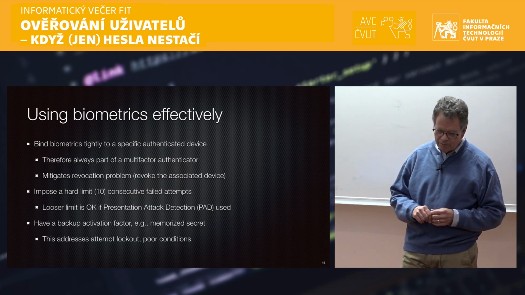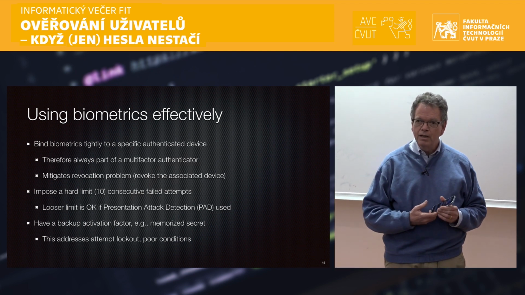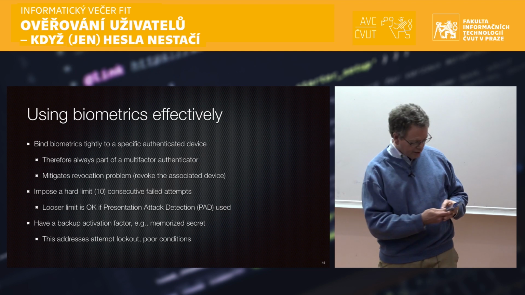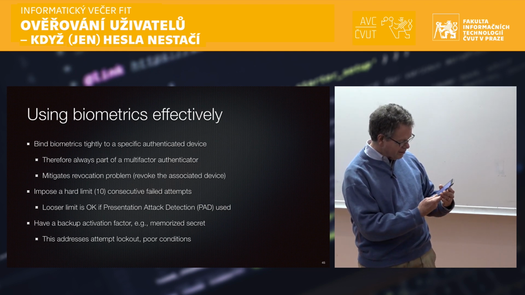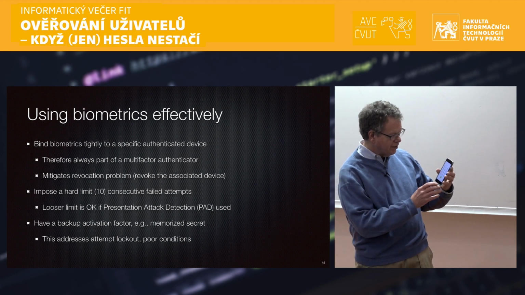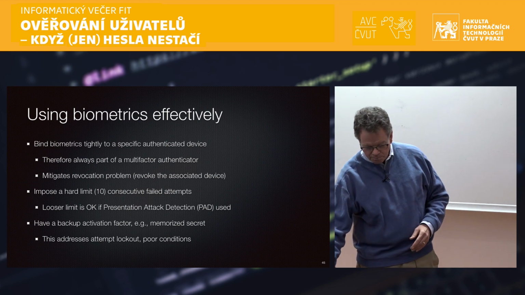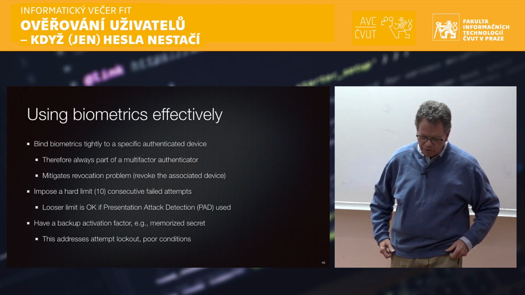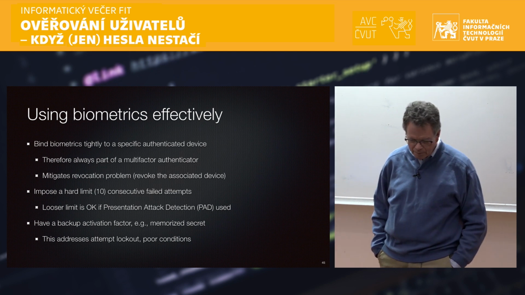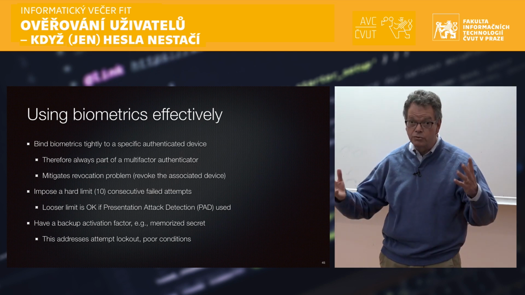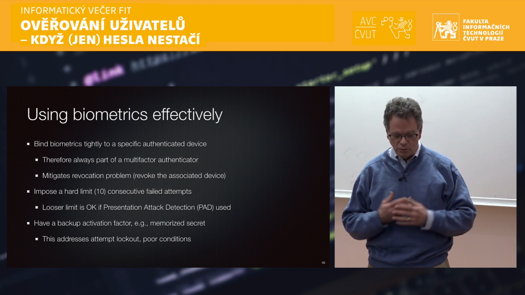So they've done that very well. They also impose a limit on how many bad attempts you can get. If I use the wrong finger here, it eventually says, okay, I need you to enter a PIN. So they've done a very good job of understanding the limitations of biometrics. And so you still need a backup factor, like a memorized secret, a password.